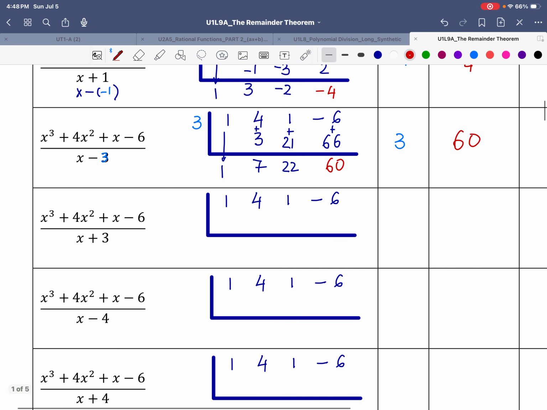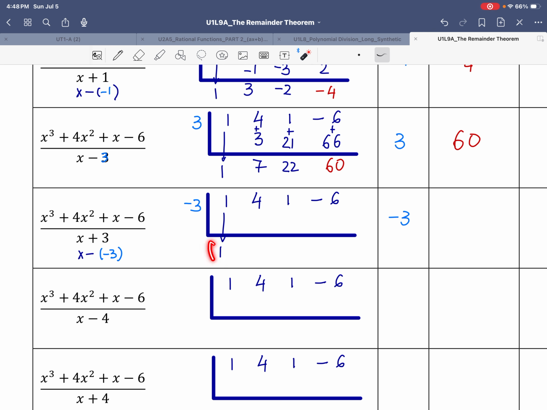Next, we're dividing by x plus 3. That means that the value of b is negative 3. We'll record this and start the division. Bring 1 down. 1 times negative 3 is negative 3.